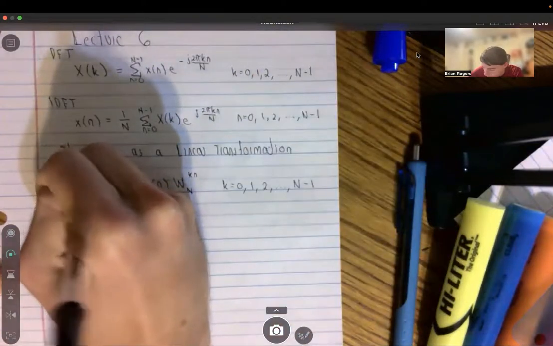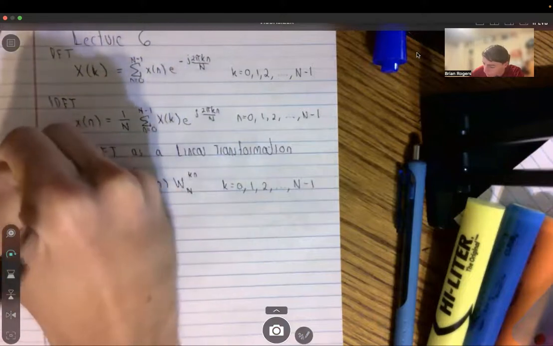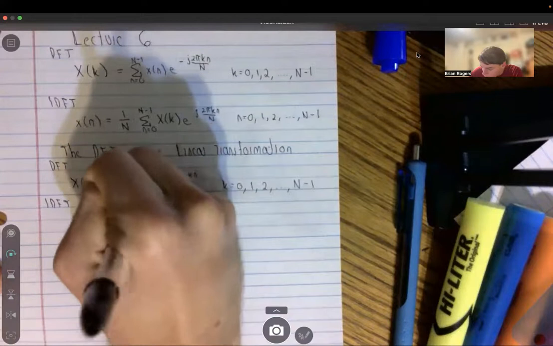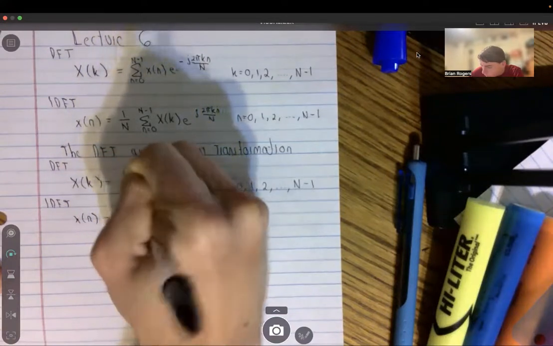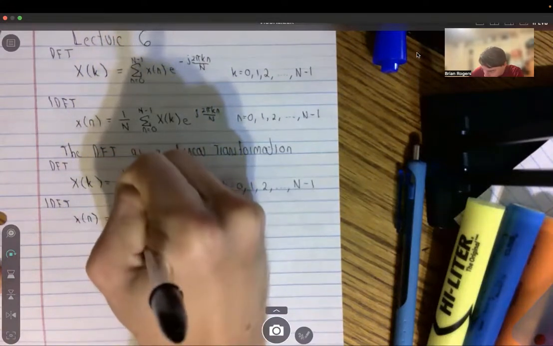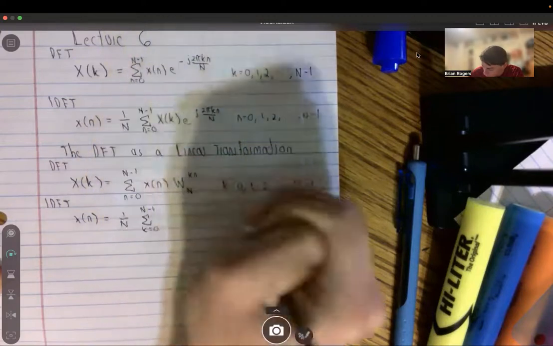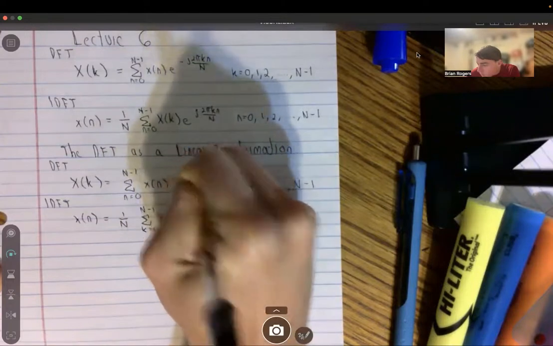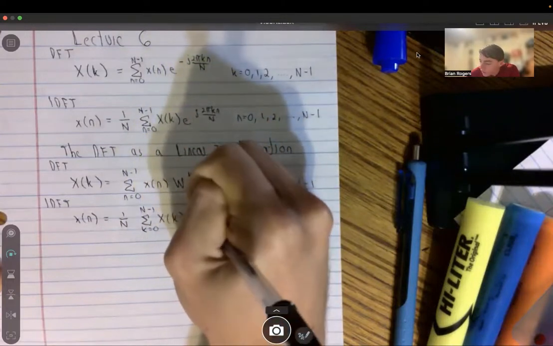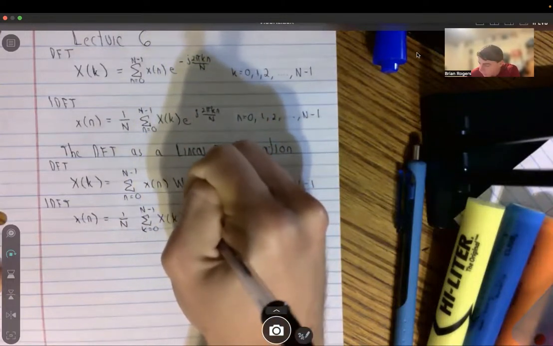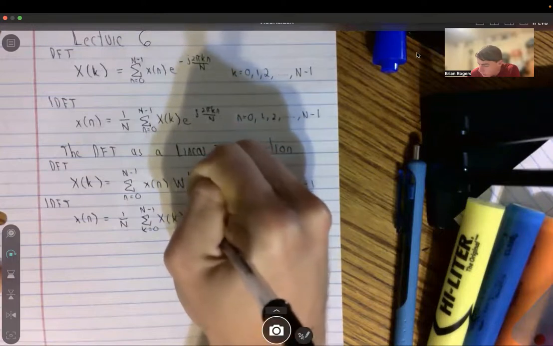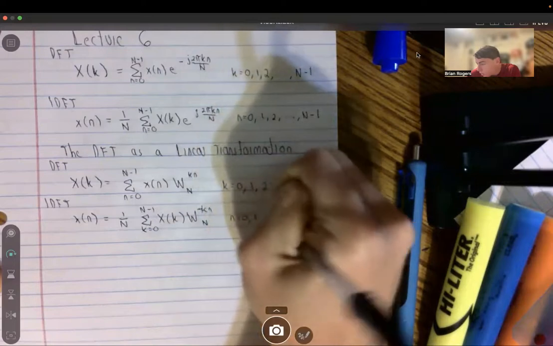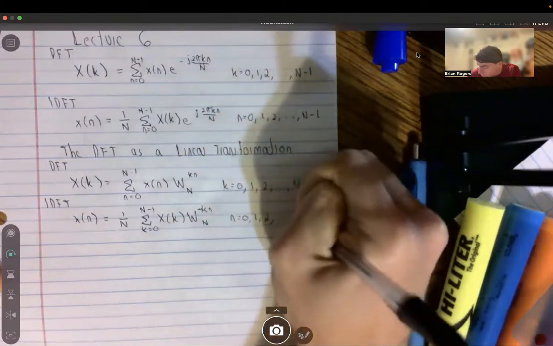And the inverse discrete Fourier transform, lowercase x of n, equals 1 over capital N times the summation from k equals 0 to N minus 1 of X of k times capital W_N to the negative kn, for n equals 0, 1, 2, all the way up to N minus 1.